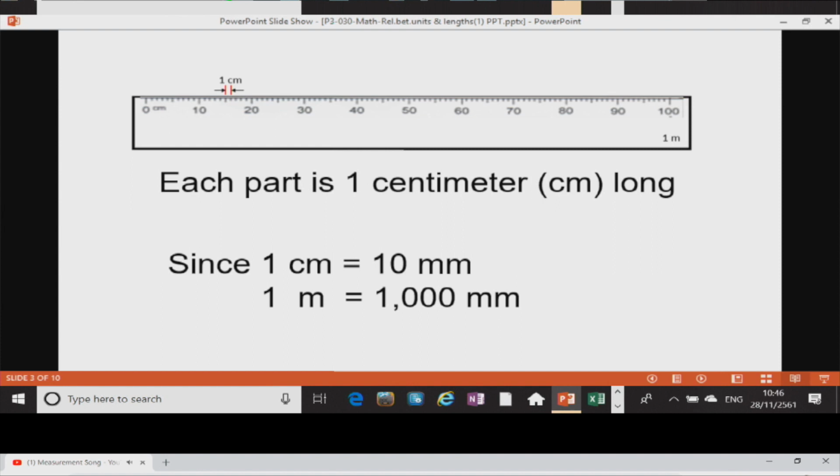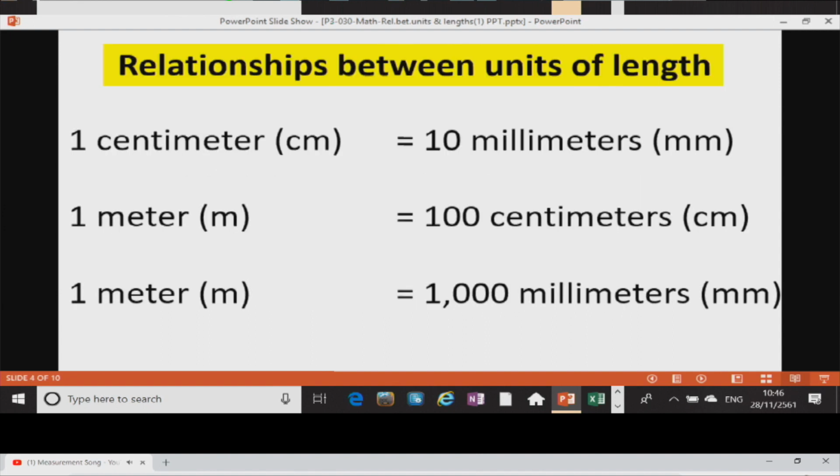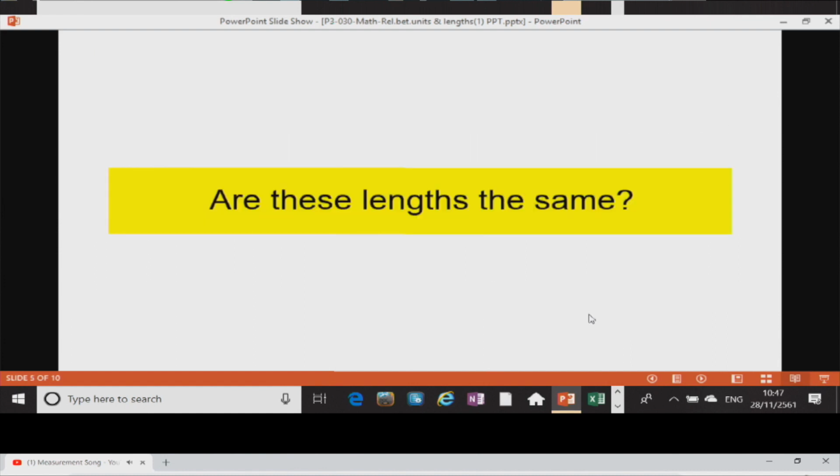These are the different units of length. 1 centimeter, 10 millimeters. 1 meter, 100 centimeters. So that means 1 meter is 1,000 millimeters. Excellent, guys.